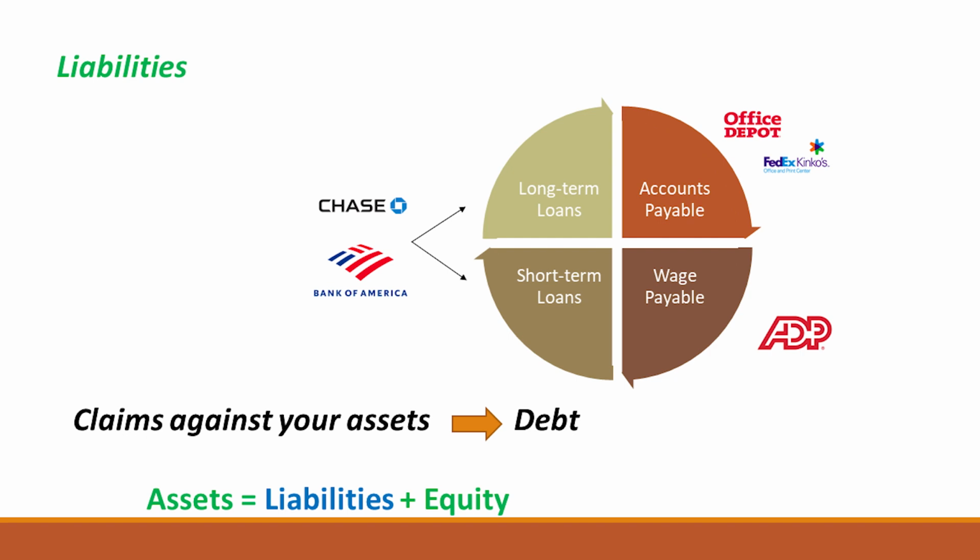They may give me a 2-year loan or a 3-year loan. Long-term loans typically are going to be given to you by the banks. On the other side, where we're talking about short-term loans, those are going to be loans coming from our suppliers. Basically, our suppliers like Office Depot and FedEx Kinkos give us some line of credit so we can make the purchases we need for the business.